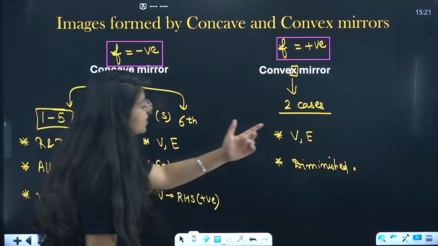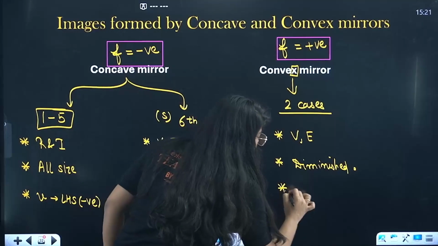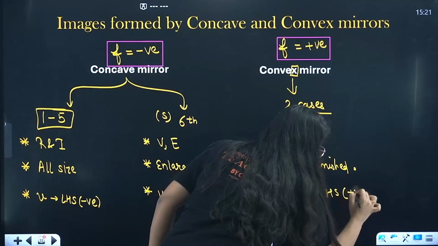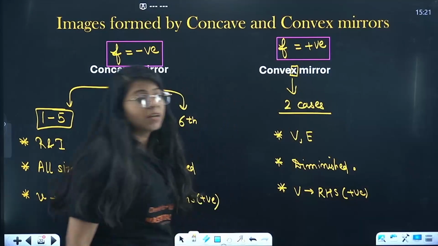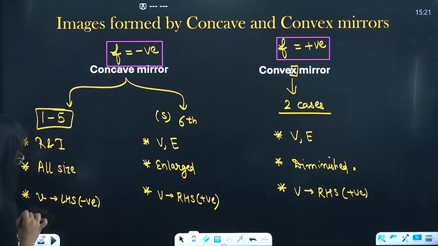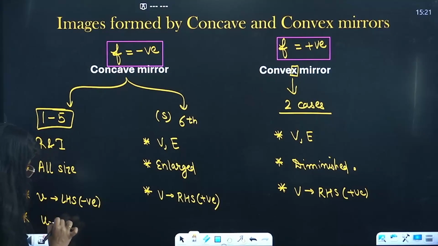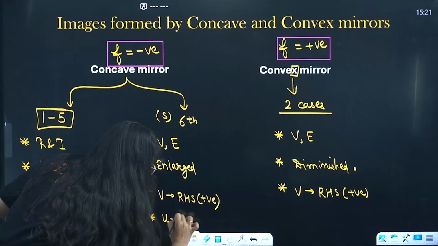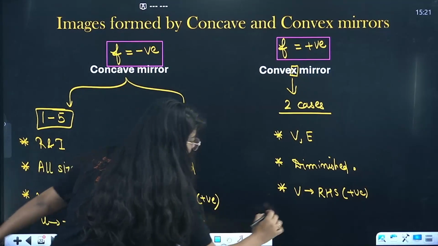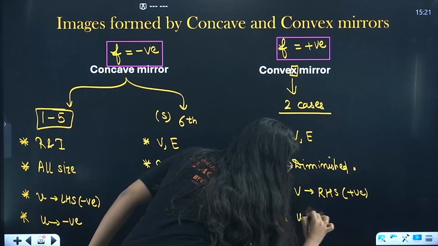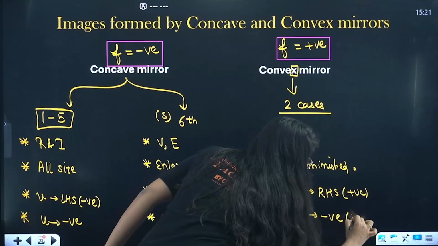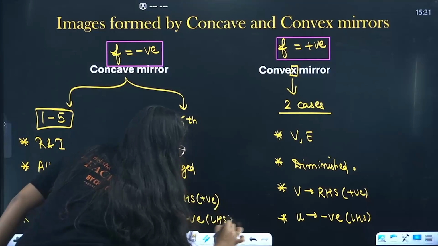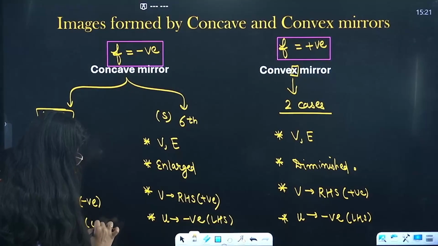Okay, in this case the virtual and direct image was again on right hand side, so it will have positive sign with the distance. U, beta, U, object distance is always negative. Your U is always negative because it is always placed on the left hand side.